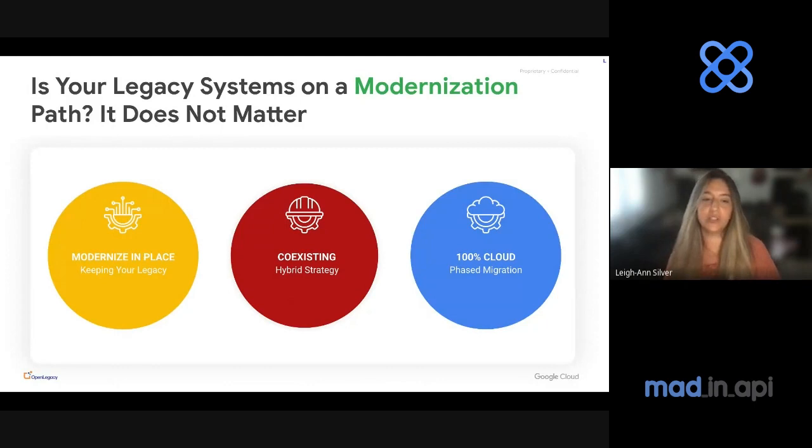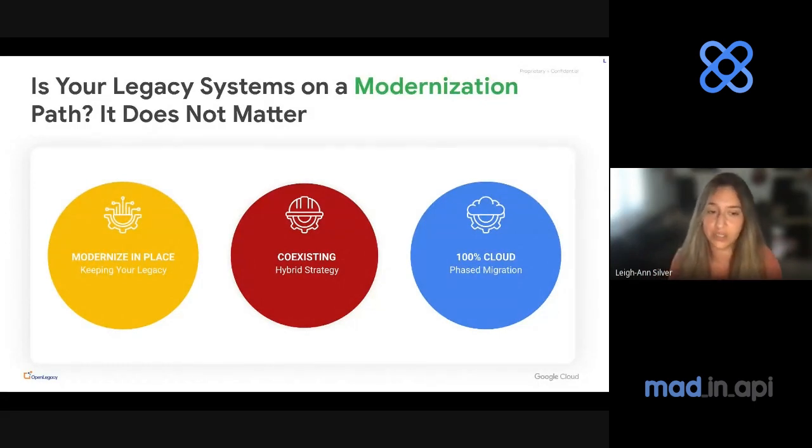So if you chose a modernize in place strategy, which is keeping your legacy as is, a lot of clients are opting for that option. They want to keep their legacy, which is fine. It still would have to be able to innovate and talk to other applications in the ecosystems.